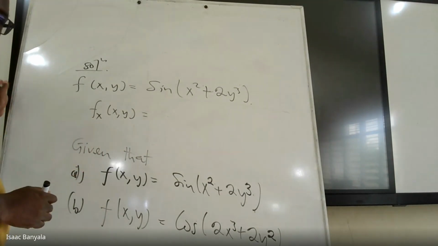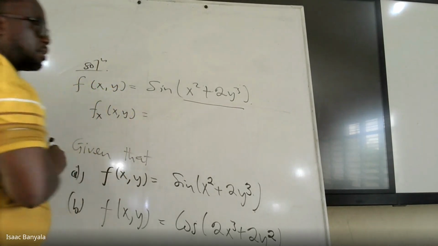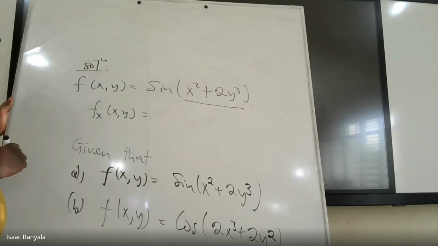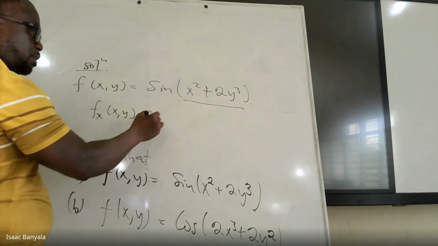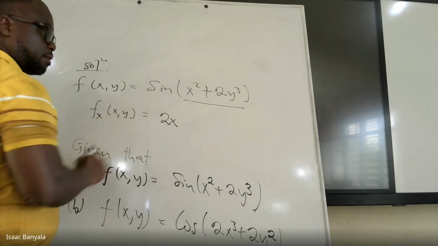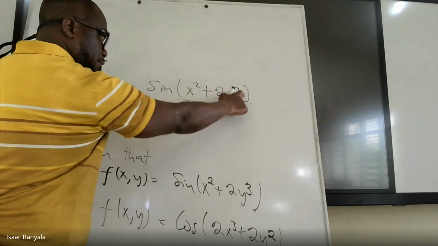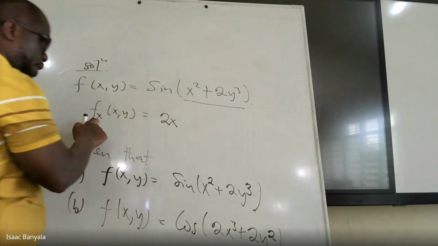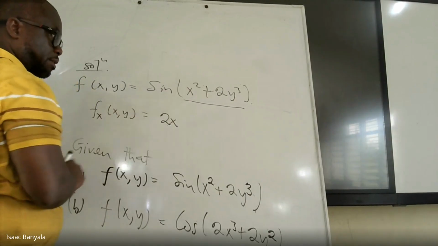Differentiating it, here is how to go. We differentiate the function here, with respect to x, and that will give us what? 2x. This one we differentiate, but there's no x here. So if we differentiate this function with respect to x, we get 0. Whatever is 0 gives 0, but this one gives us 2x.